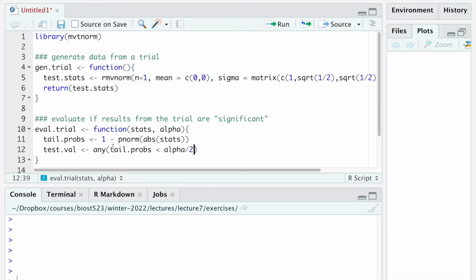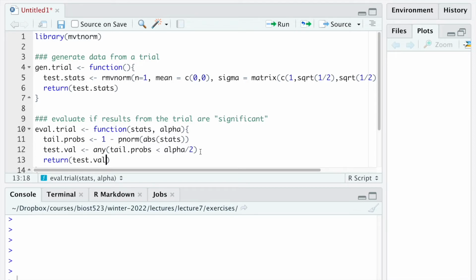So again, we're comparing these two tail probabilities to alpha over 2. So we get a vector of trues and falses in here, and then we evaluate if any of them is true, and if so, then we get a true or a 1. If not, then we get a false or a 0. And then we are just going to return that output.